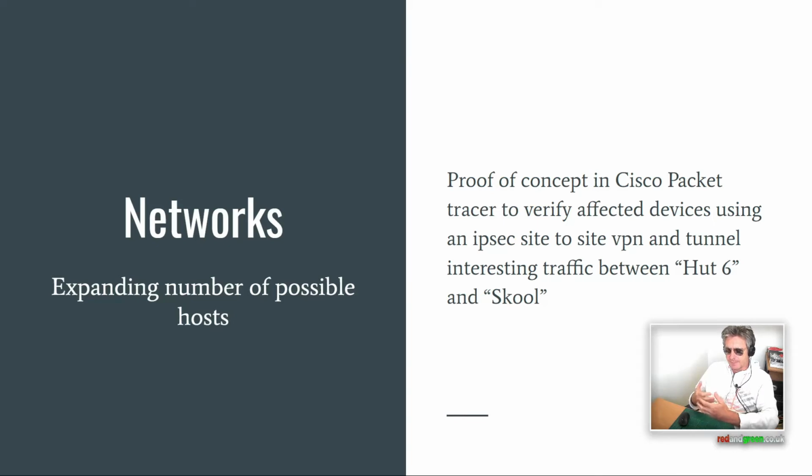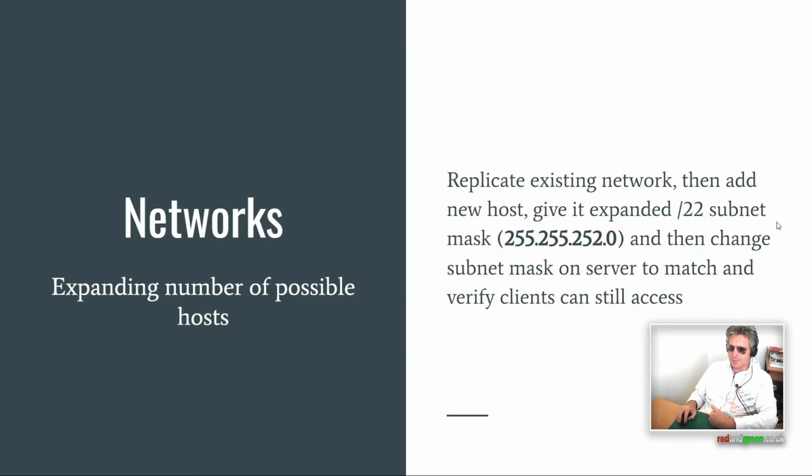And my friend who's got the VPN and maintains its network has a VPN IPsec tunnel between his house and the school. His house is hut 6 and the school is called Skool.